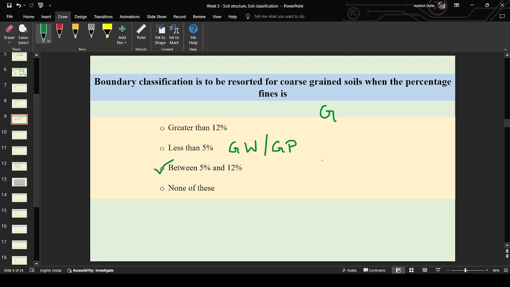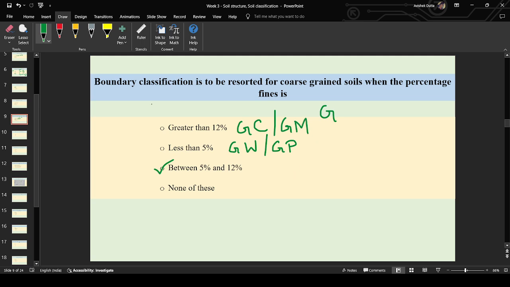So if it is gravel and we have silt or clay which is more than 12% by weight, then if it is clay, we write clayey gravel. If it is silt, then it will be GM, silty gravel.